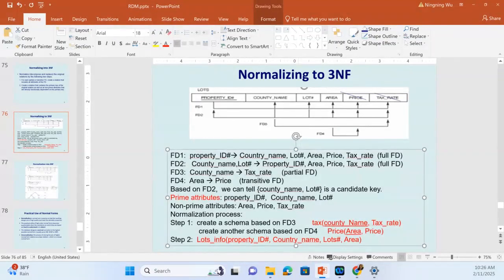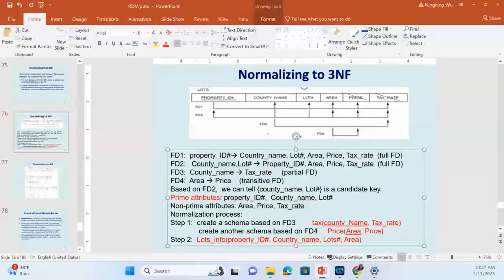This is a very tricky example. The reason I want to show you is that sometimes, although the primary key of a relation schema is always underlined, based on some functional dependency we can also derive other candidate keys, or secondary keys, because those are keys but not designated as the primary key.